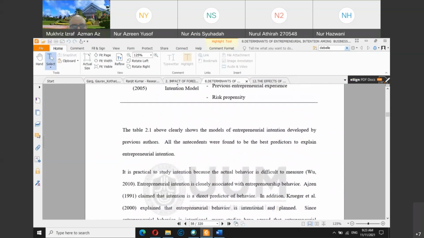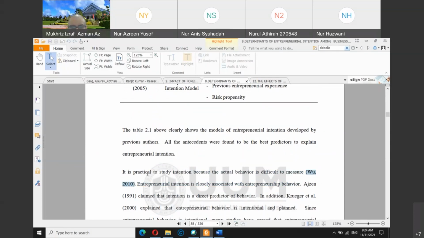Like this lah. It is practical to study intention because the actual behavior is difficult to measure. Open bracket, Wu, comma, the year, close bracket. So this is you citing at the end of the sentence, meaning the author's name is not inside the text but outside the text, because you already finished the sentence.